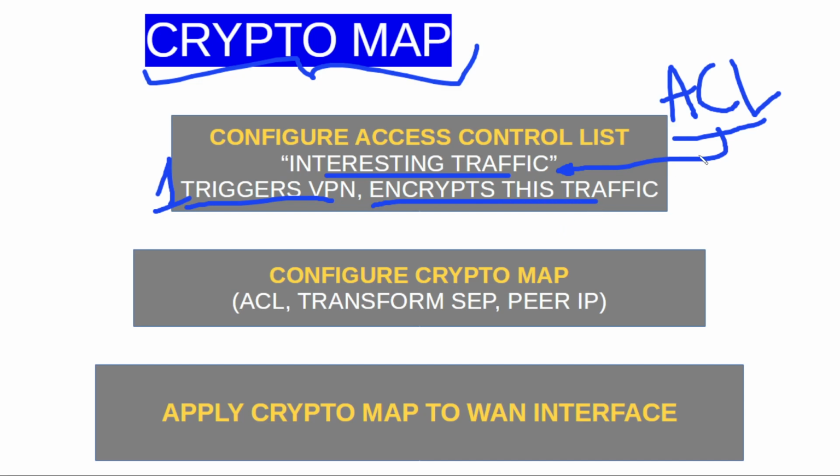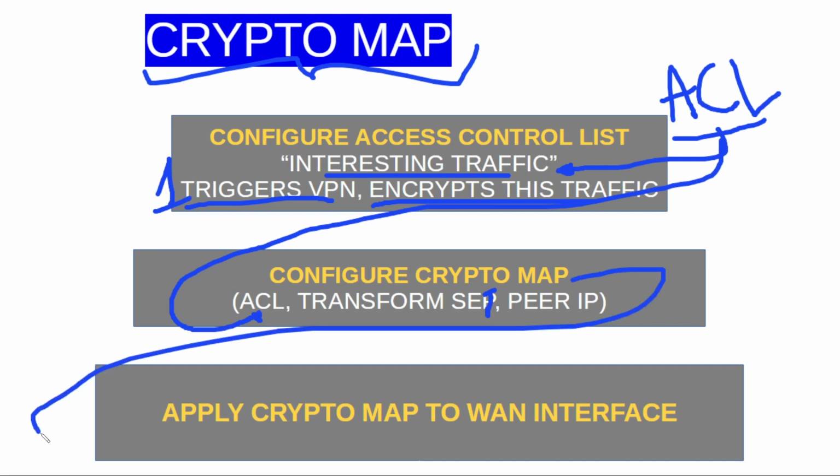Now that we set up this ACL, we are going to use it when configuring the actual CryptoMap. We are going to also select a transform set within the CryptoMap, and we are going to have to establish what is the peer IP address. That is usually the wide area network interface of our remote peers most of the time. And then we can apply this CryptoMap to a wide area network interface.